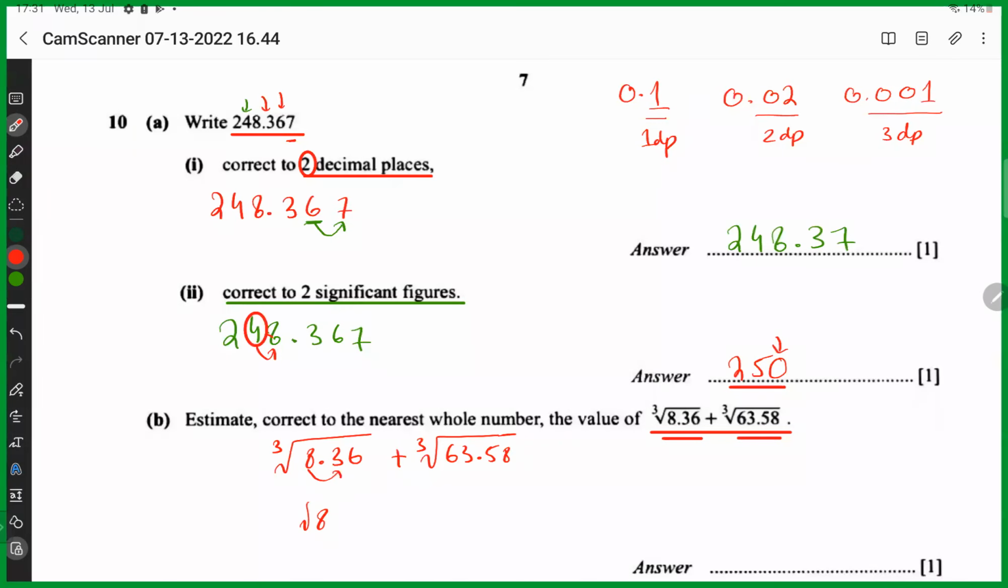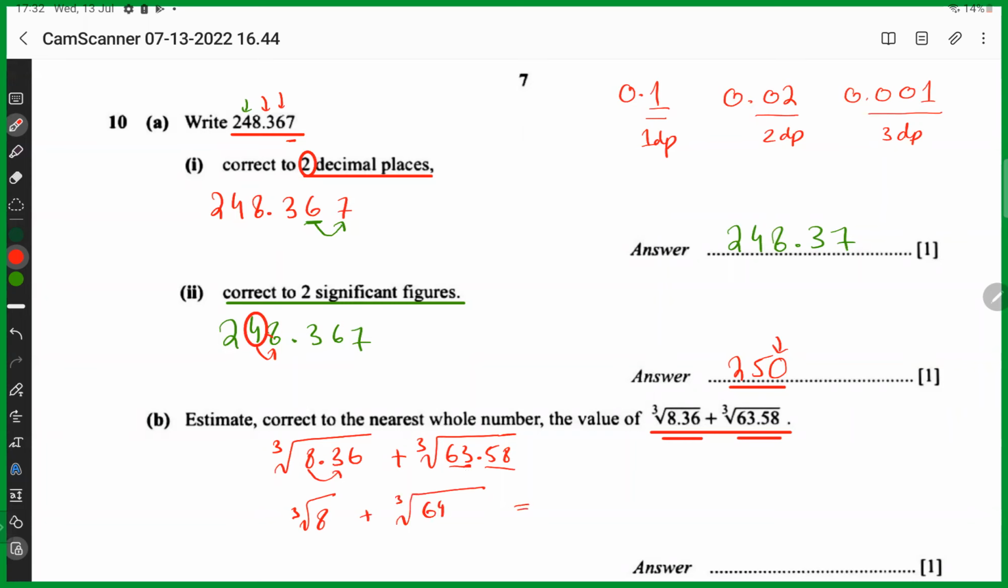So cube root of 8 plus, it's 63, so it would become 64 because it is 0.5 and 5 is greater. Whenever we have 5 or any number greater than 5, this number would be changed, right? So it would become 64. It's cube root of 64.